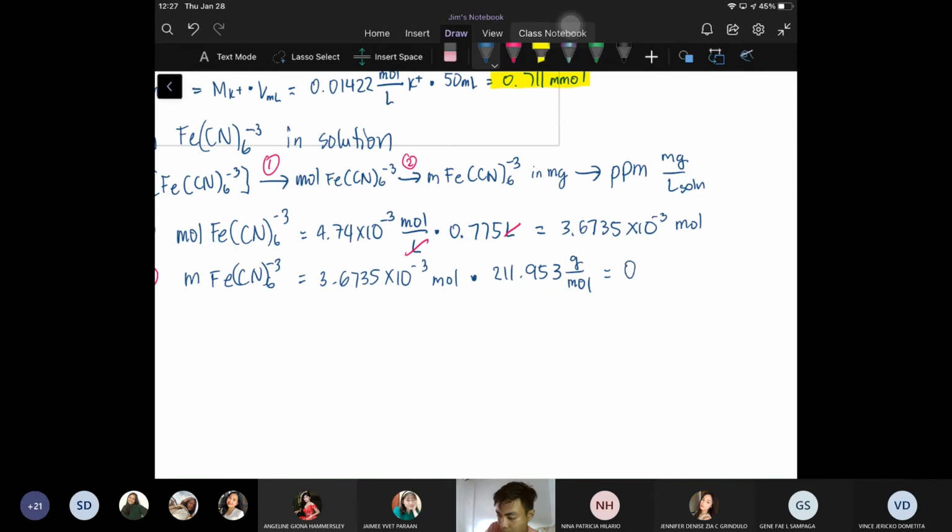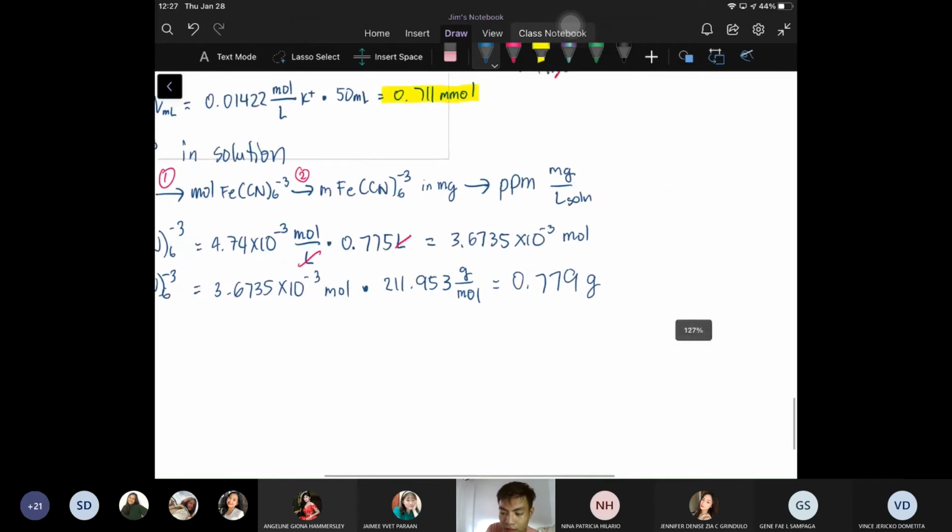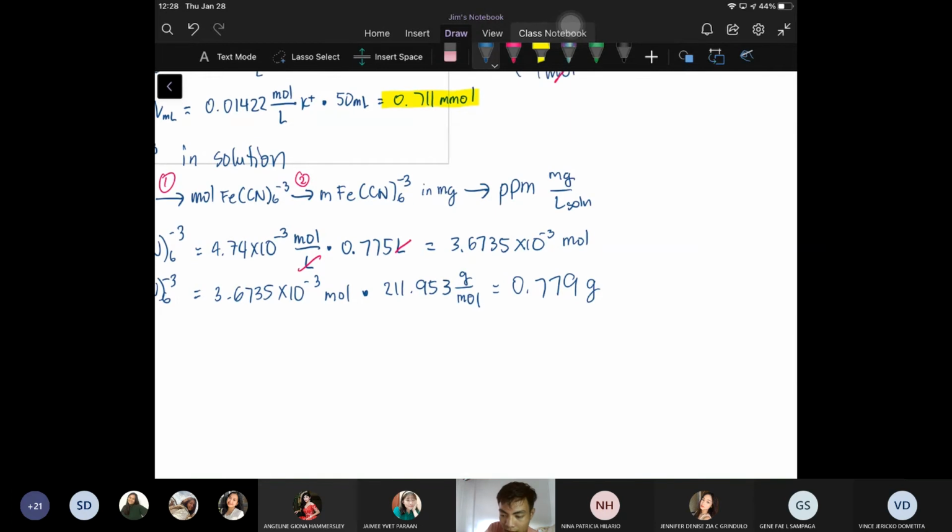So, that's 0.779 na. Round off na natin. 0.779 grams of FeCN6. Kaso, gagawin ko, convert ko yan to milligram, gaya ng sinabi ko. So, 1 gram, 1,000 milligram.